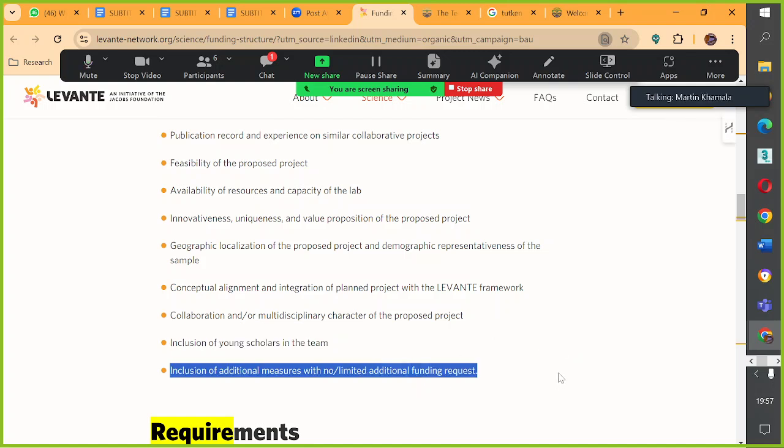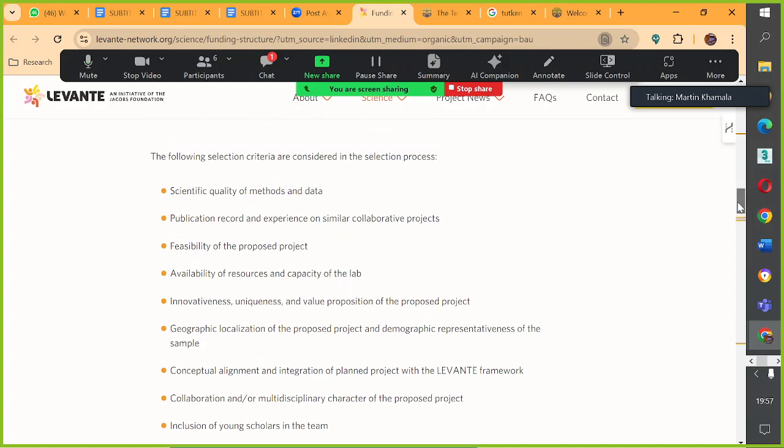Inclusion of additional measures with no limited additional funding request. They want additional measures with no limited additional funding request. Okay, so I suppose this is what you are asking, Bonakarani, this segment here.